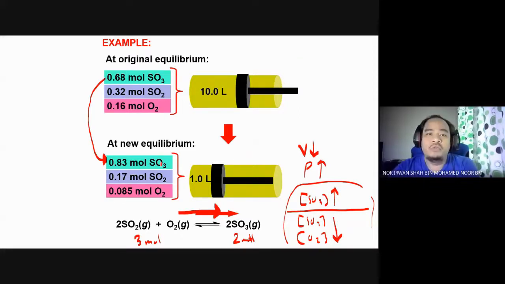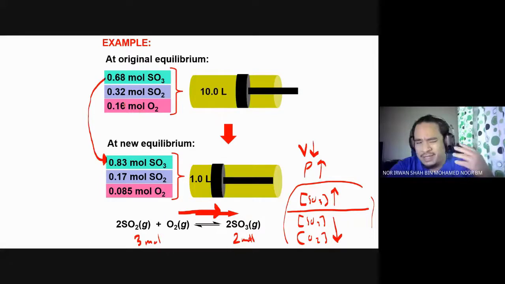And what happened to SO2 and O2? At the initial equilibrium, the moles of SO2 is 0.32, but at the new equilibrium it reduces to 0.17.